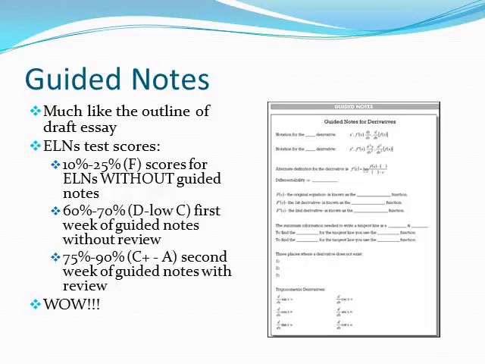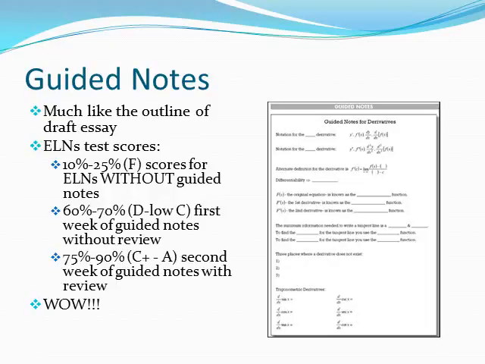ELNs students who did not have the guided notes scored on their tests between 10% to 25%. That's an F grade. After 1 week of guided notes without review, now that's without the review, those scores skyrocketed to 60 to 70%.